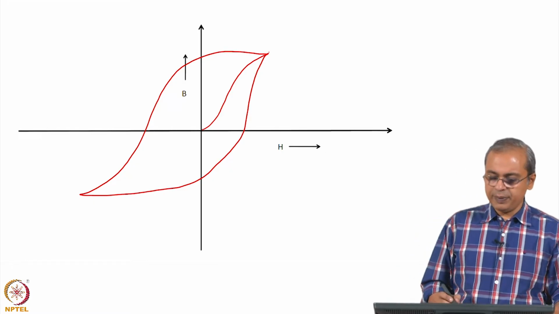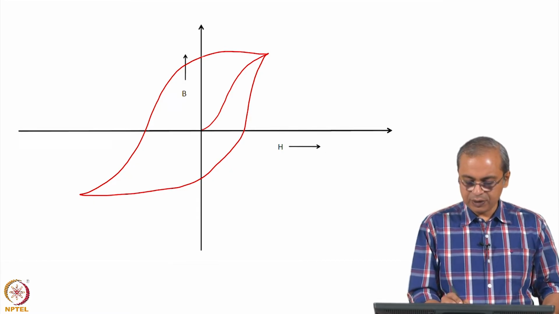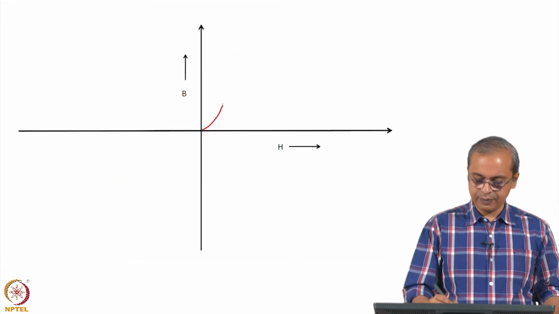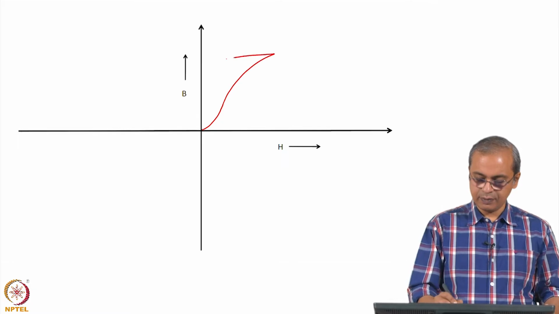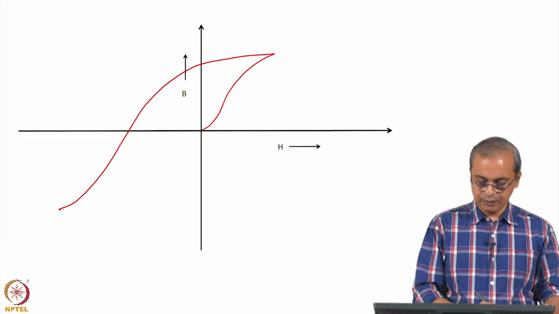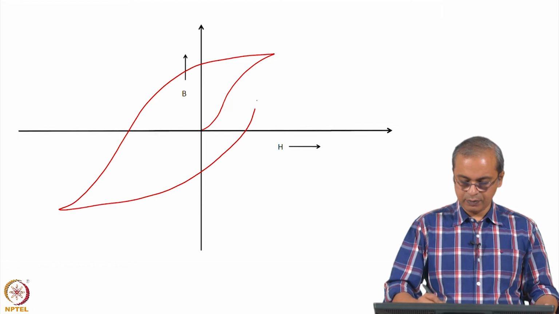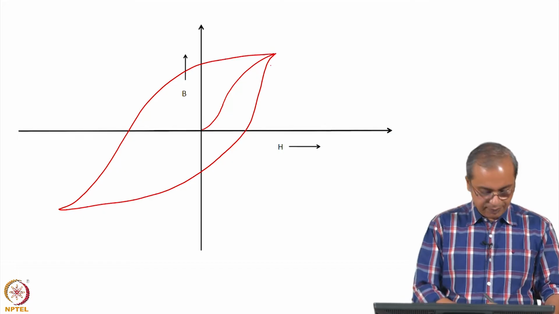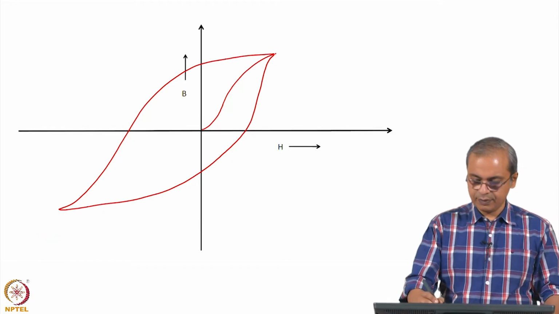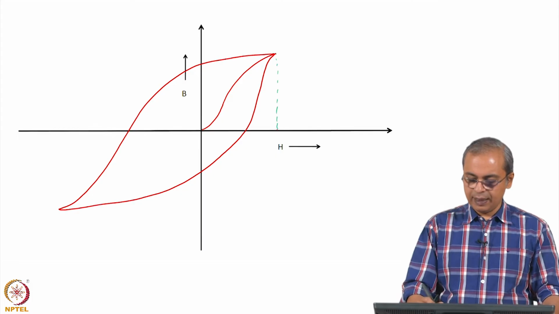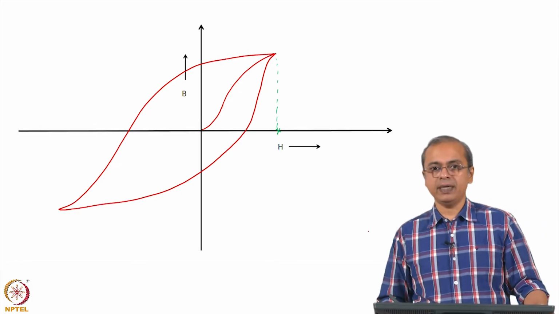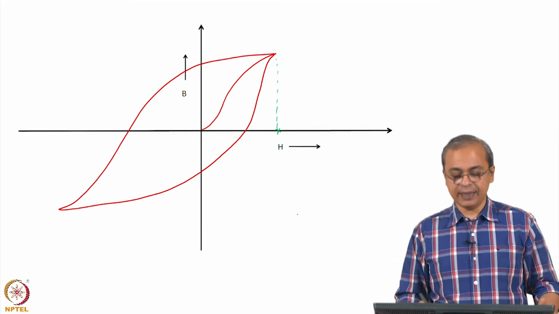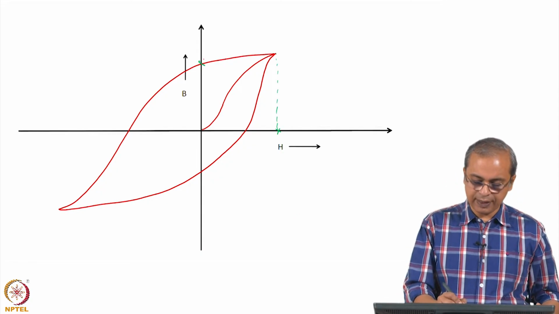So, when you switch off the magnetic field, if let us say you have raised the magnetic field to this value here, and then you switch off the magnetic field, what we find is that the magnetic induction that has happened does not drop to 0, it actually comes to this value.